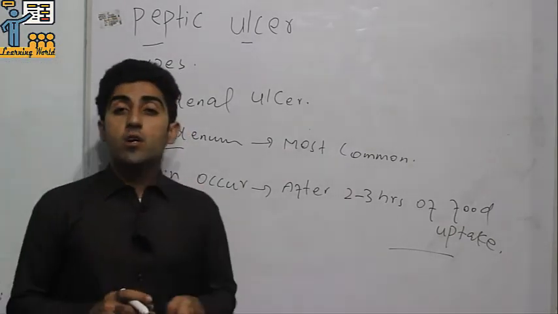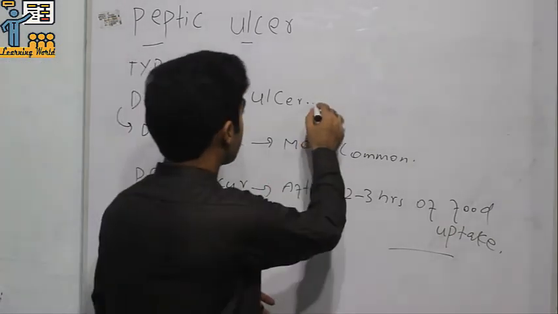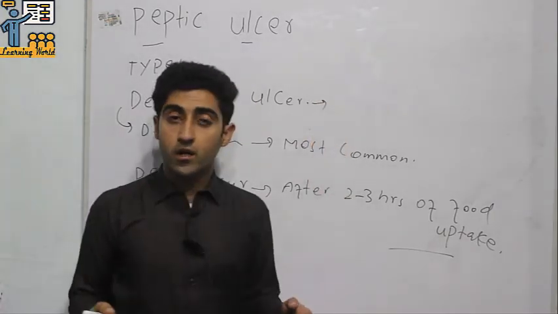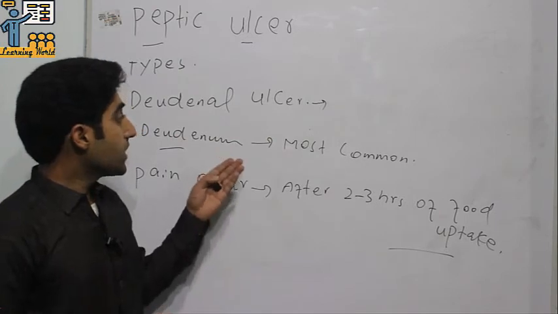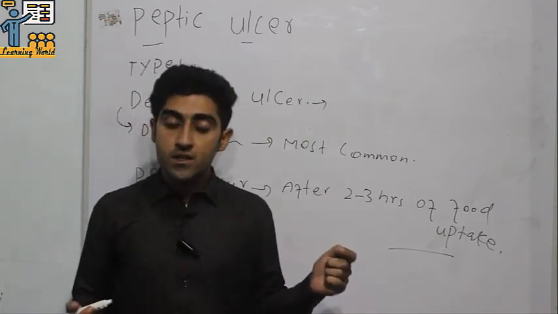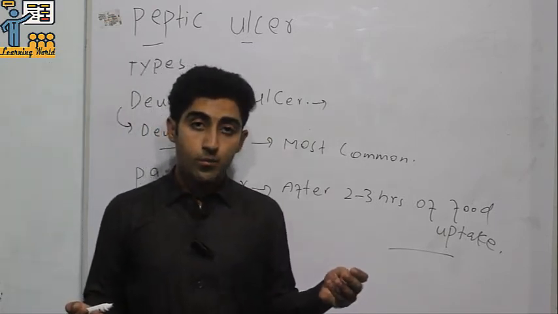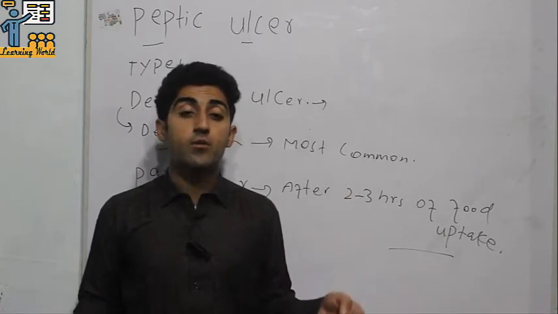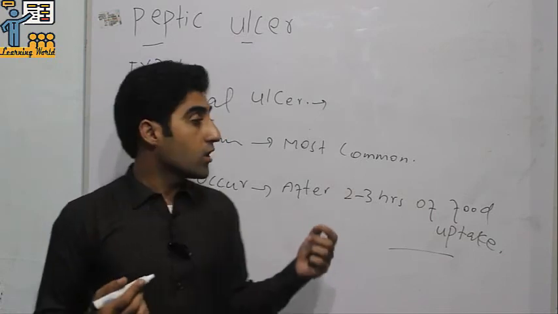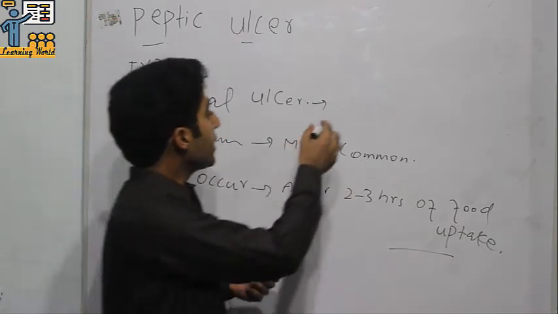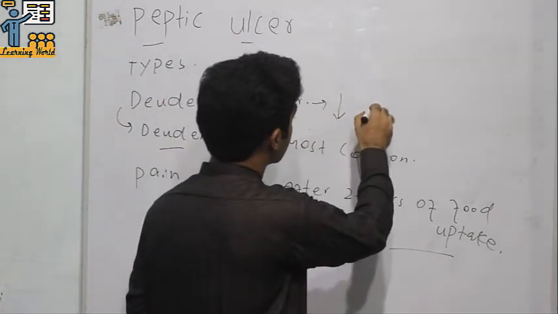The duodenal ulcer pain will decrease with food. If we take food in duodenal ulcer, it will relieve. This is the reverse of gastric ulcer. In gastric ulcer, if we take some food, the pain will increase, but in duodenal ulcer there is no pain with intake of food, so it will decrease with food.